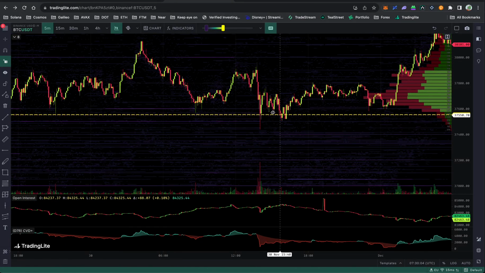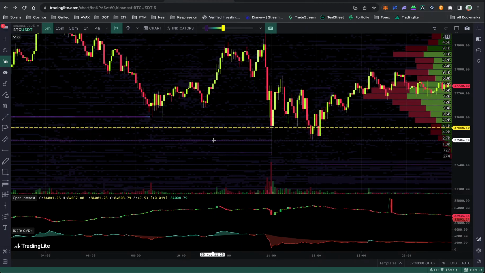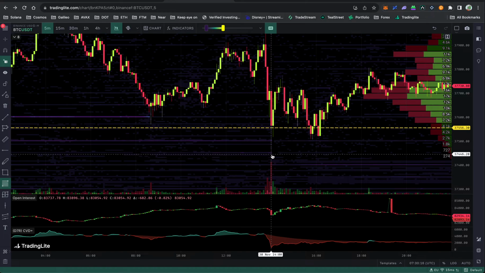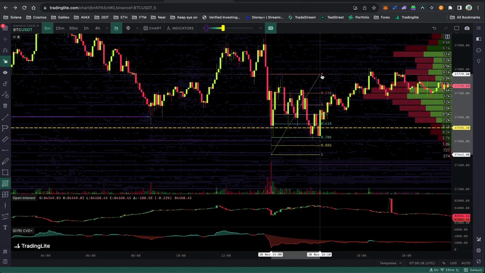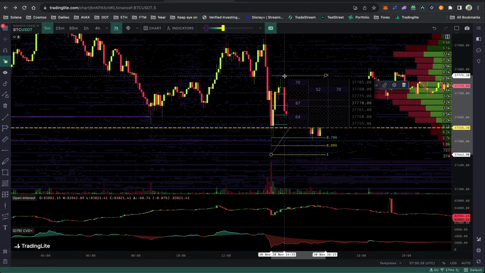All right, so we're now on like a 5 minute chart. On the 5 minute chart, when we had a big candle down and then back, I just drew a fib level here, from swing low up to swing high. Price came down and then got back above the key level I was looking at, and made a high.